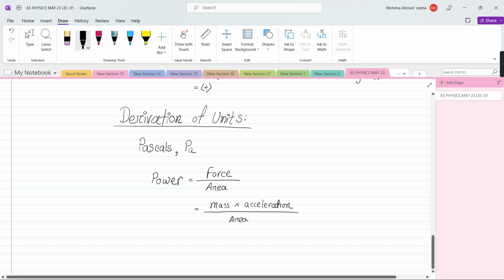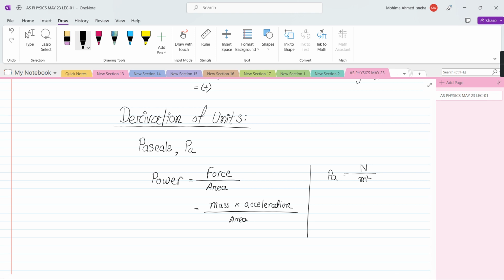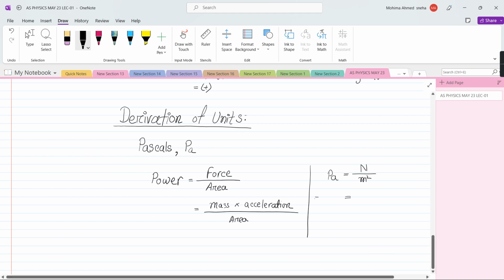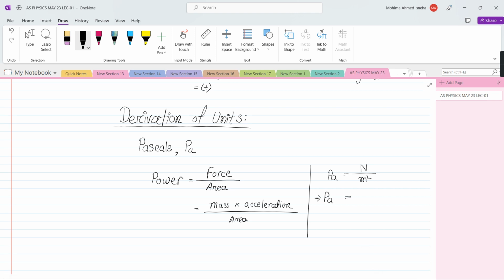Written using units, the unit for power is pascals, force is Newton, over area in meter square. We already know from our IGCSEs that 1 Pascal is equal to 1 Newton per meter square. Newton is not a base unit, so it can be broken down into simpler units. So it will be pascals.